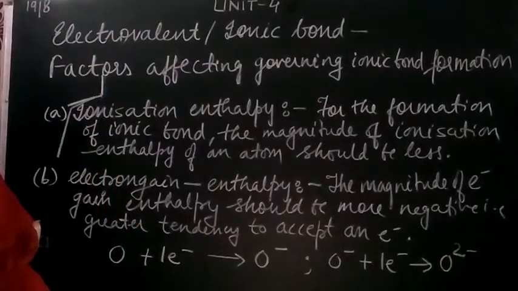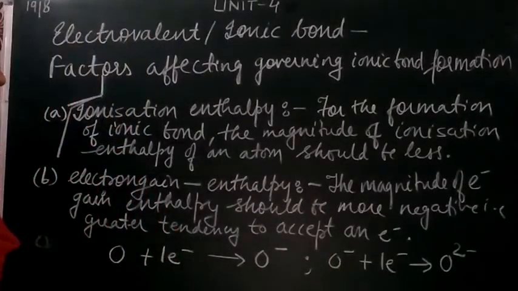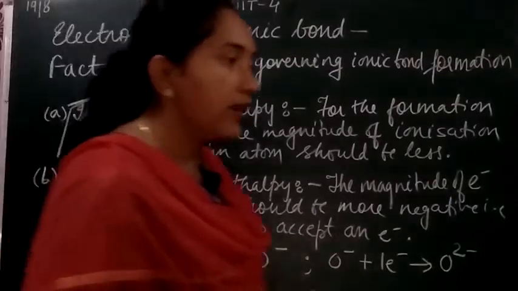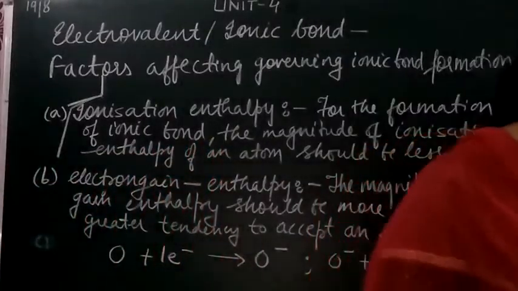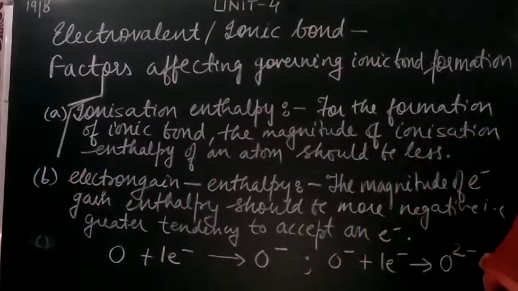That is why the O2 negative ion formation is favorable. So the electron gain enthalpy should be more negative, or at least negative, so that anion formation takes place, right?